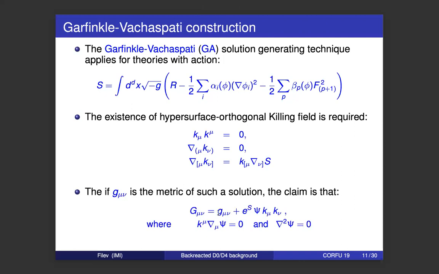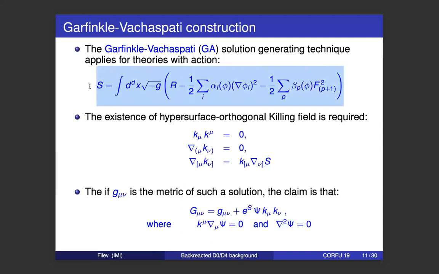And the claim is that if this is the old metric, then this is the new metric. And this field satisfies a harmonic equation here. It also satisfies this, of course. So this is very simple. And the point is that if you satisfy these equations, you are guaranteed to satisfy the Einstein equations. Yes, it's a solution generating technique, provided the Einstein equations are derived from an action of this form.